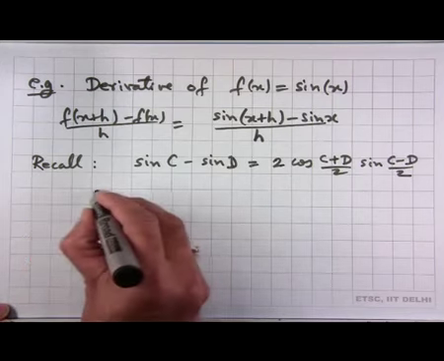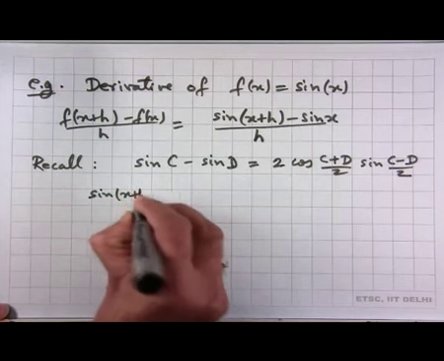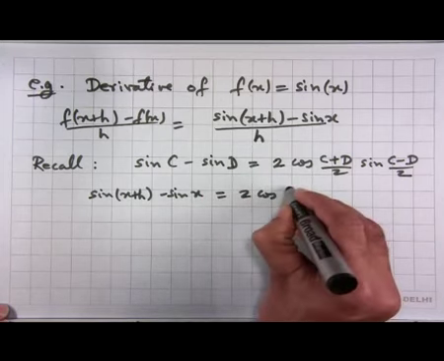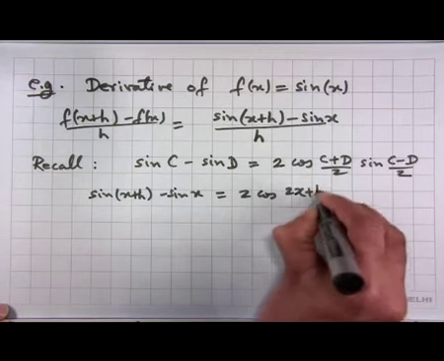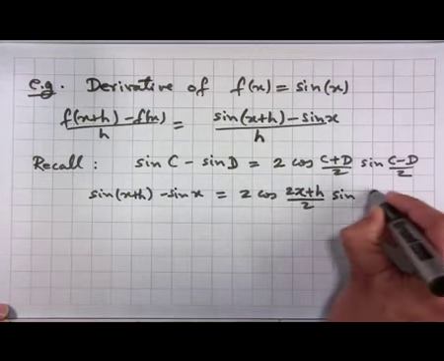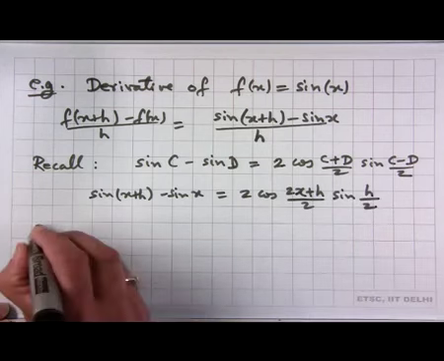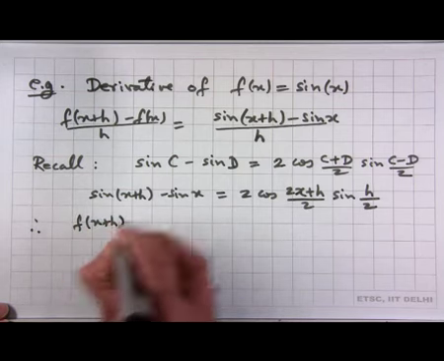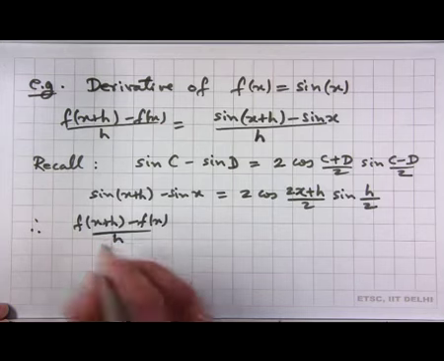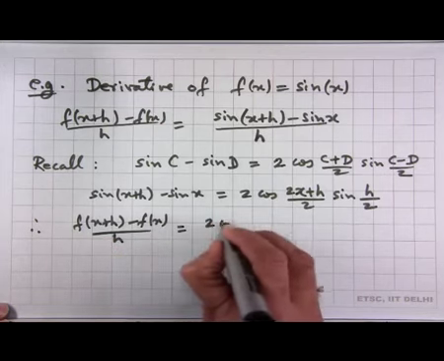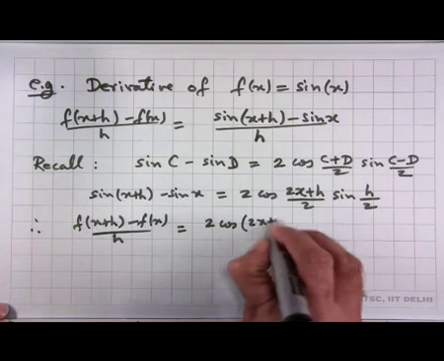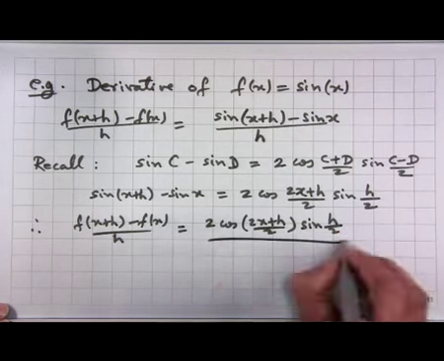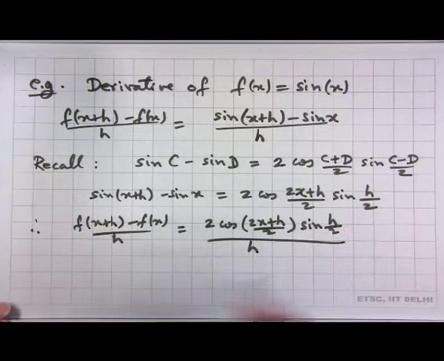So, we have sin x plus h minus sin x. This will be equal to 2 cos c plus d, which is 2x plus h by 2, times sin h by 2, and therefore f x plus h minus f x by h is equal to 2 cos 2x plus h by 2 sin h by 2 divided by h, and then we have to ask whether this limit exists.